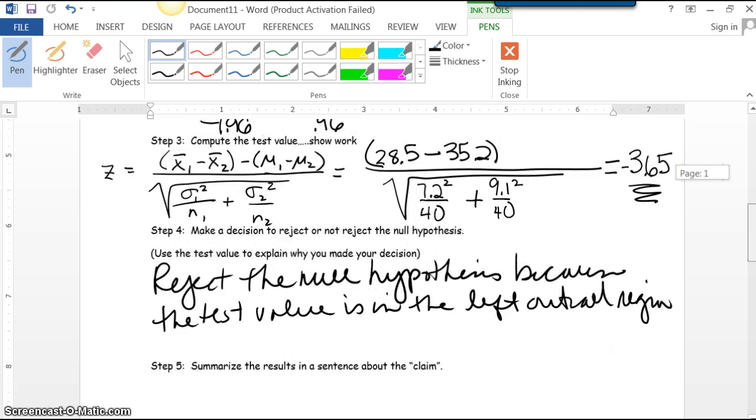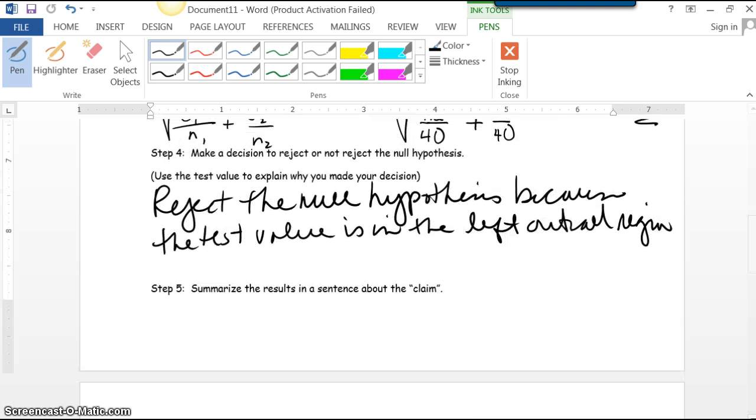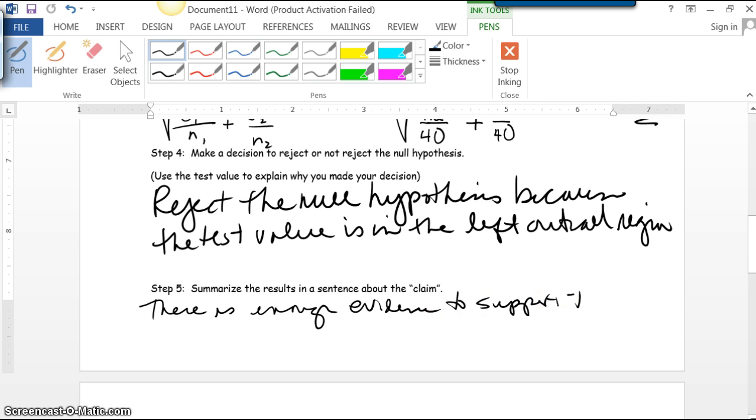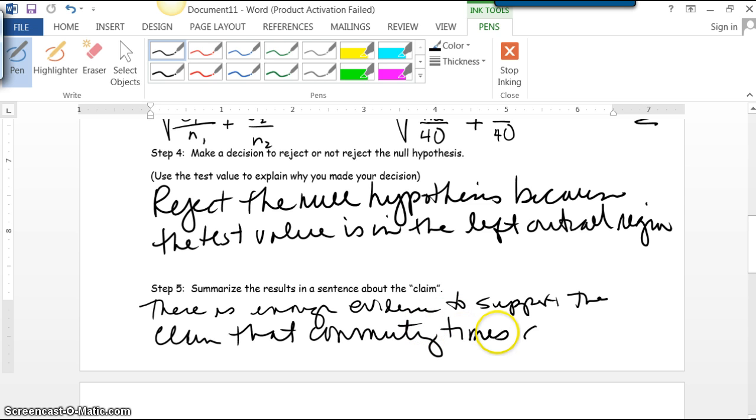So we're going to come down here and you'll say there is enough evidence to support the claim that commuting times are different in the winter. Even though they aren't other times of the year, they are different in the winter according to the data.